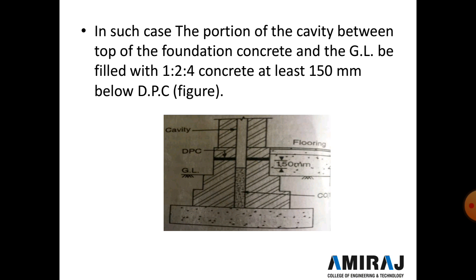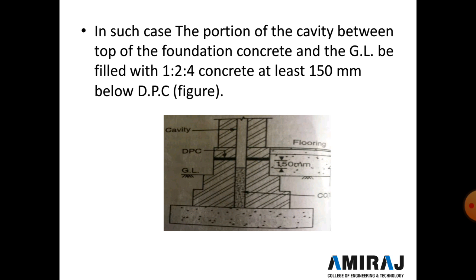In the second case, see this figure. In such a case, the portion of the cavity between the top of the foundation concrete and ground level is filled with a 1:2:4 concrete, at least 150 mm below the DPC.